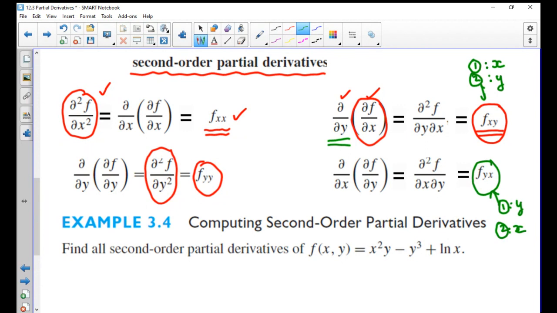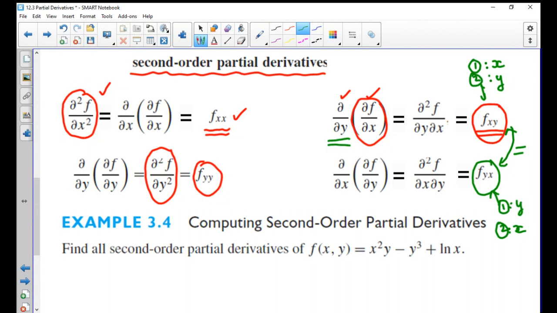But in general, for most functions, these two will actually be exactly the same. For most functions, you differentiate with x and then y, or you differentiate with respect to y and then x, and it will give you exactly the same answer.